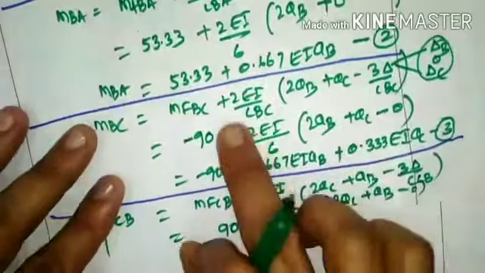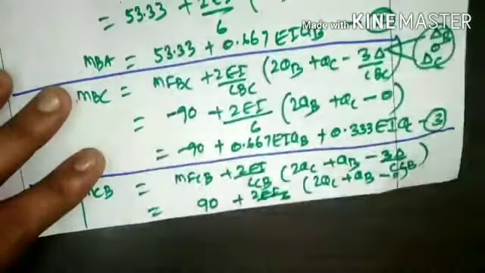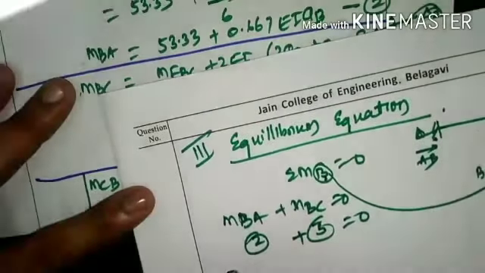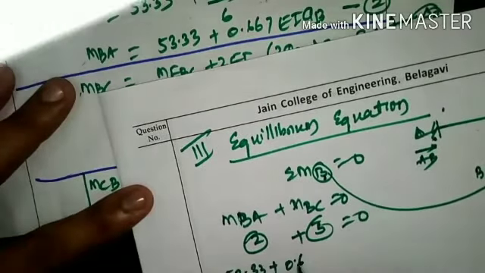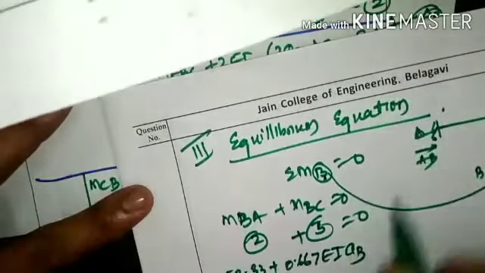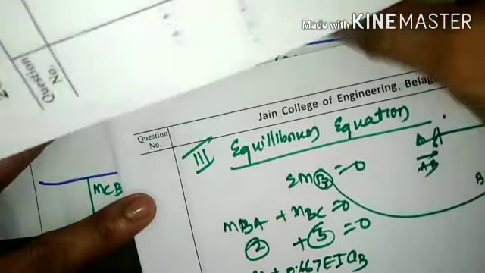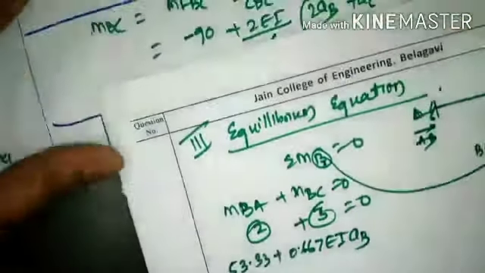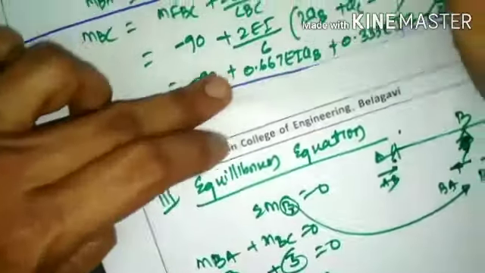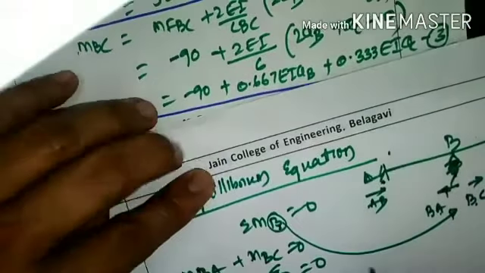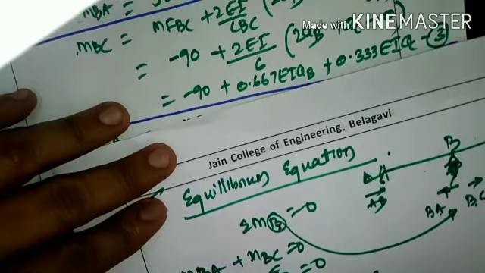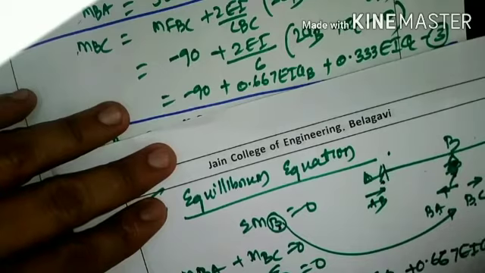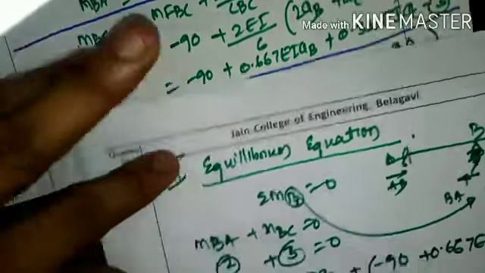If you look at equation number 2, it is 53.33 plus 0.667 EI theta B. Then equation number 3 is minus 90 plus 0.667 EI theta B plus 0.333 EI theta C, and that is equated to 0.